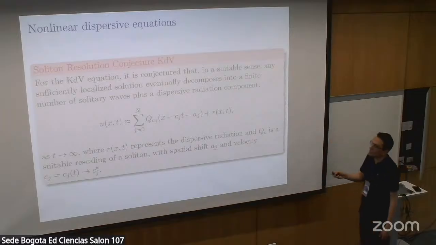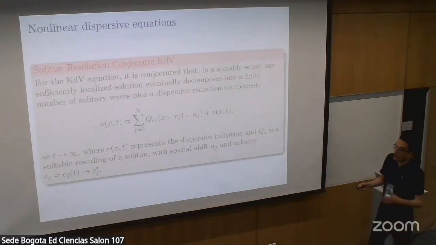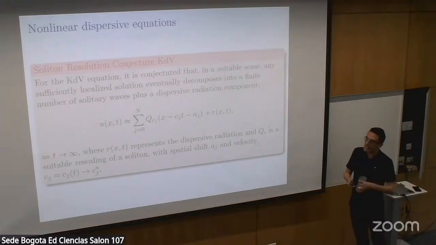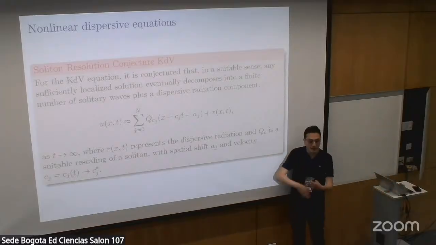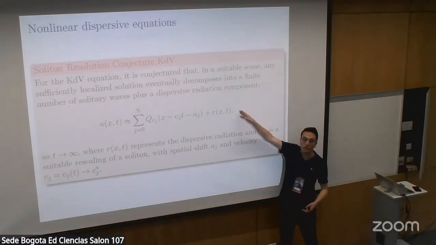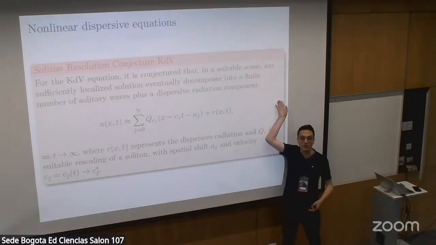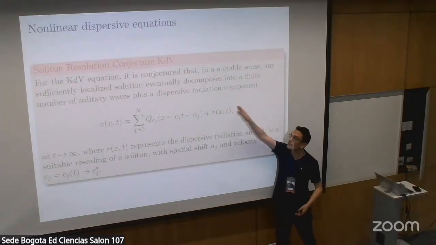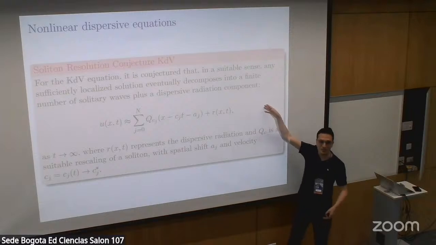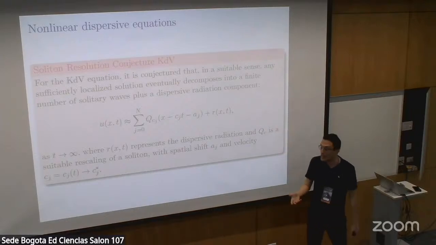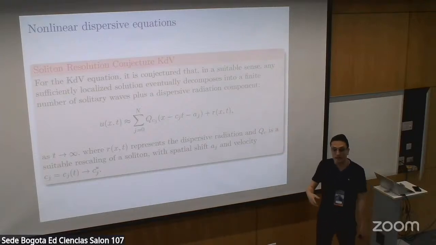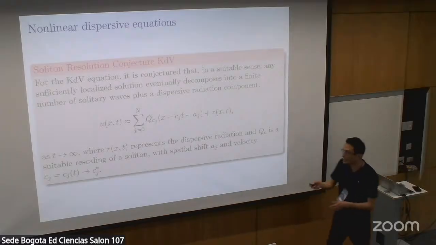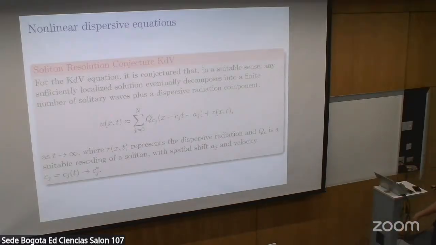This is the soliton resolution in the case of KdV. What I was saying in my previous slide is that depending on the equation, if the equation is different, you have to add more terms, breathers or another coherent structure. So you put plus breathers, plus another thing. Breathers are solutions that are periodic in time, that repeat in time. And this is the conjecture for KdV, right?